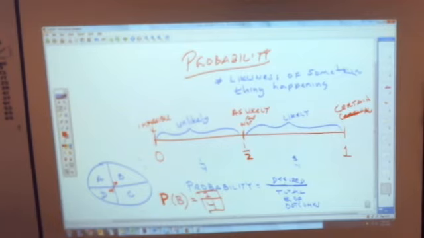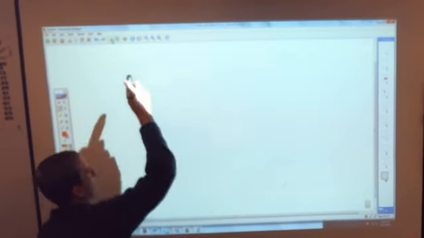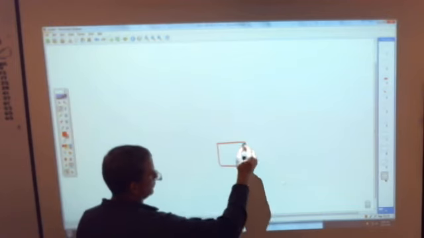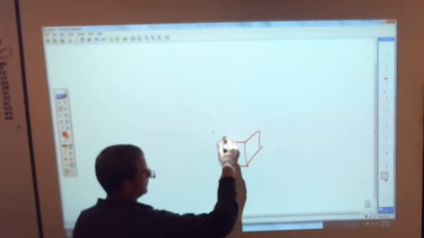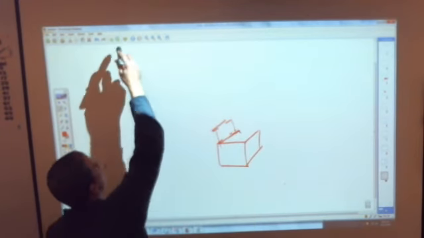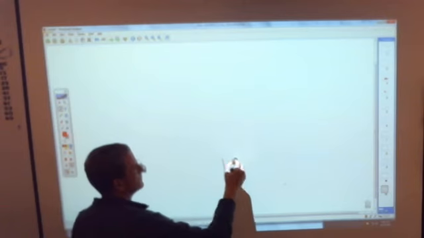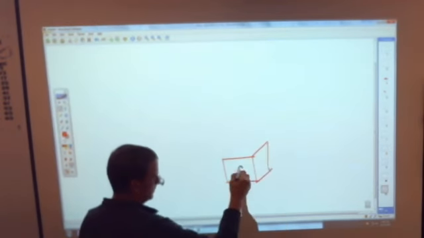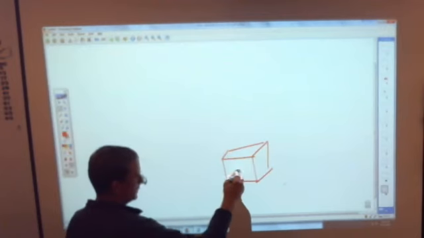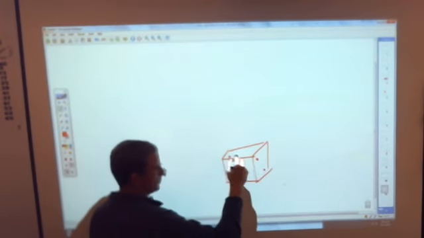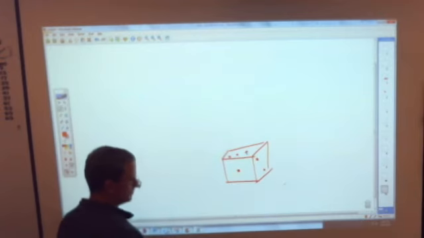Or what if you have a die? Let's draw a three-dimensional cube, a number cube. So we got like a 1 here, and on this side we'd have a 2, and this side we'd have a 3, and then on the sides you can't see, whatever they are.